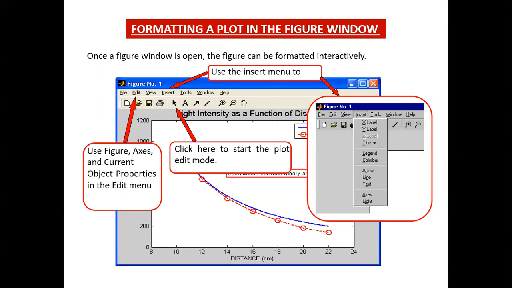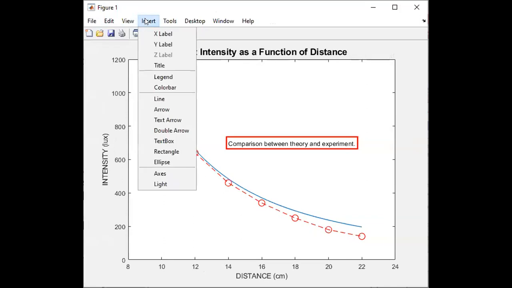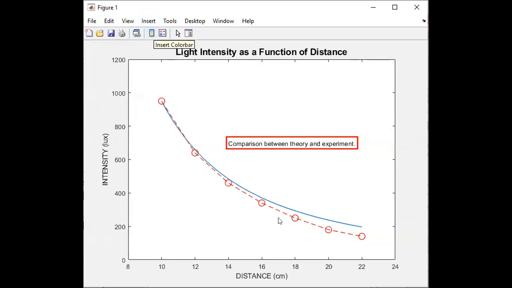For example, from the insert menu, we can change what we have. MATLAB generates the figure like this. From this figure, we insert an X label and can change it here. We change the value to MCA, or we can choose MATLAB. Now the X label is changed.